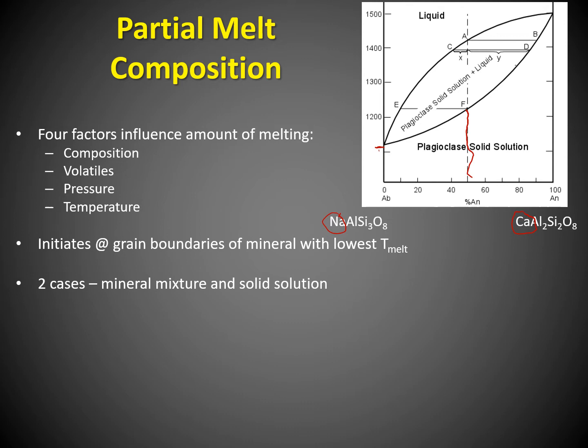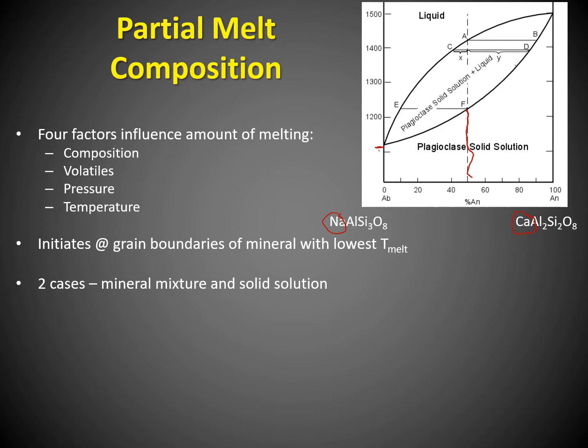Albite. Now there's a few of the calcium that come off, right? But it's mostly sodium. So if you're pulling the sodium off of the crystal, what happens to the chemistry of the remaining crystal if you pull off all that sodium in the melt? It becomes more calcium rich, and it will follow this line, okay?